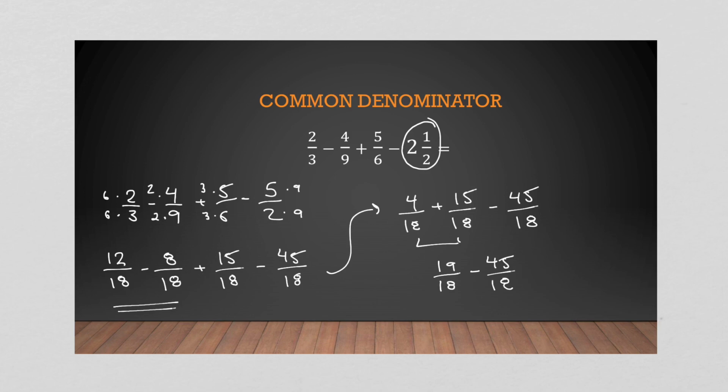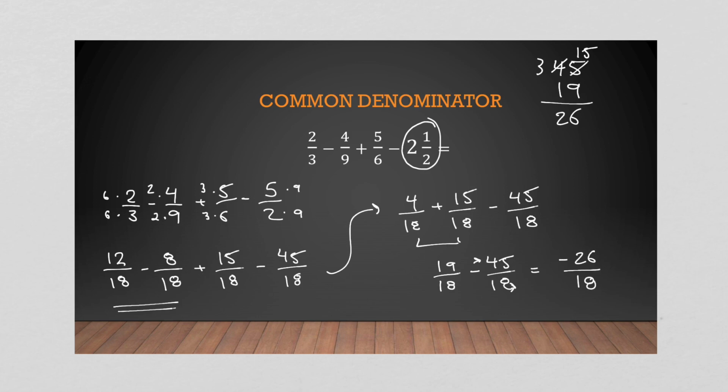Now, if you remember back to section 1.1 on adding and subtracting numbers, if I am subtracting a number from another number, the difference is the same. So I can just as easily go 45 minus 19 and get 26, but know that since I'm taking away more, my answer will be negative 26 over 18.